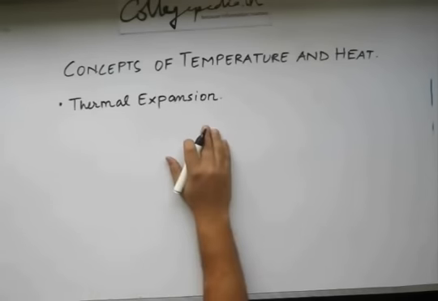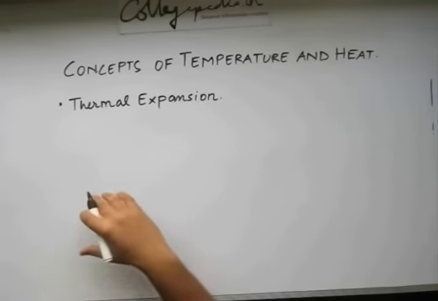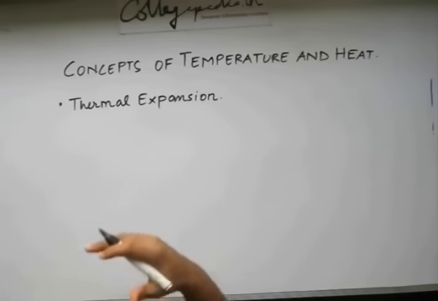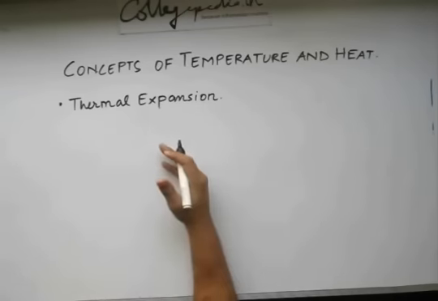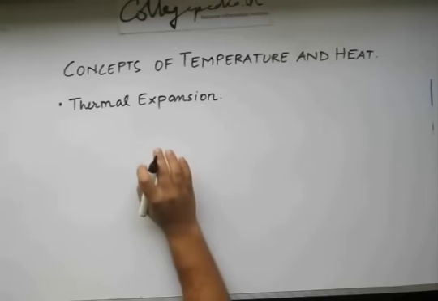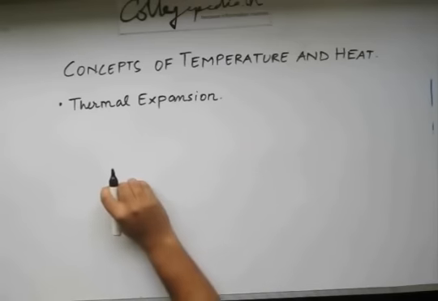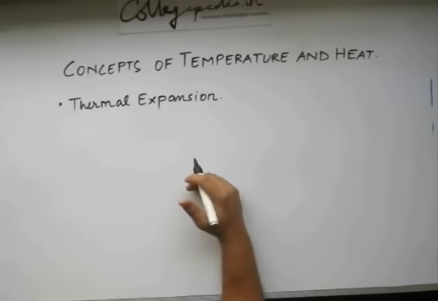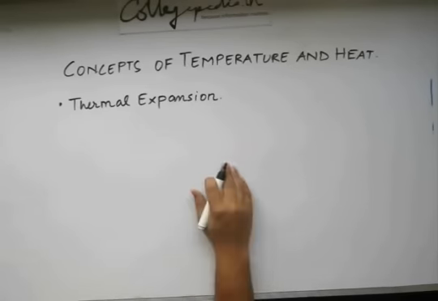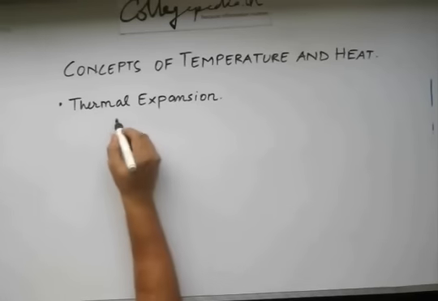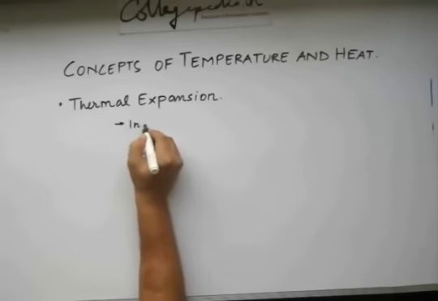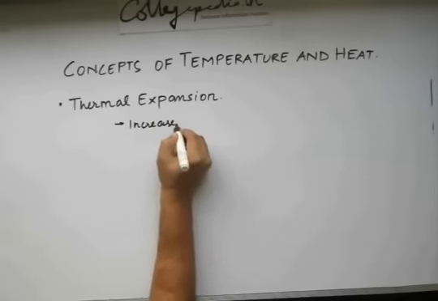By thermal expansion, what we really mean is we have our body and we can increase the dimensions of that body by simple heat transfer or by making a temperature difference. Let us say we have a body at some temperature, we increase its temperature and thereby its dimensions increase. This generally happens due to increase in the intermolecular distance.